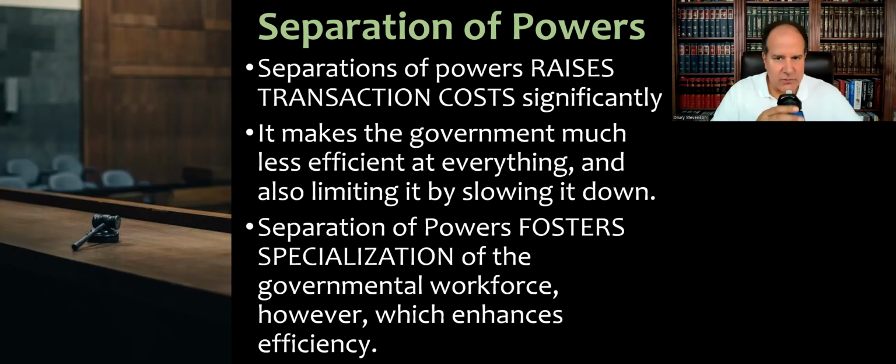All of these separations of powers and checks and balances significantly raise the transaction costs of governance. So it makes the government much less efficient at everything, and slows it way down, right? So everything is going to take longer and take a lot more effort and investment to get anything done.